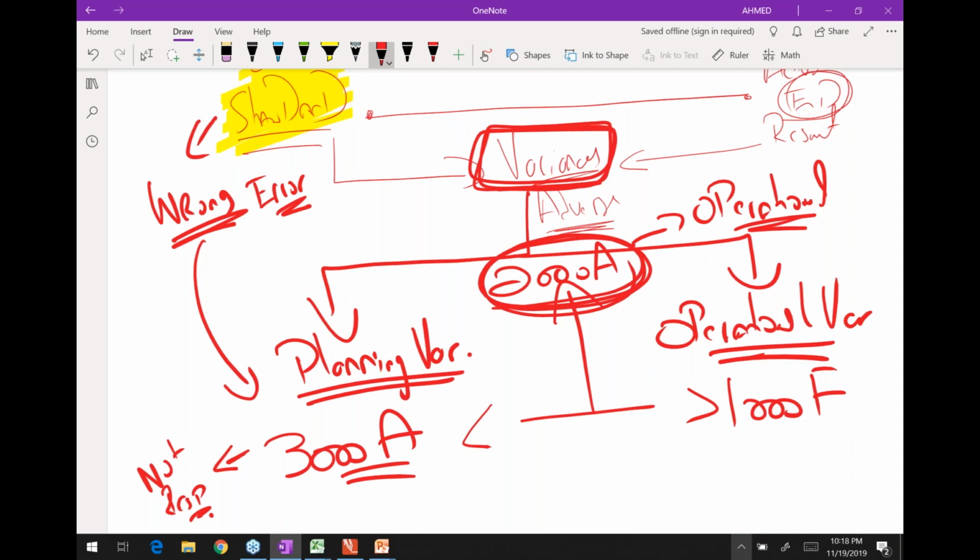They are only responsible for 1000 favorable, and this is their real performance. So this is the concept behind planning and operational, that we work out the operational variance and planning variance after the original variances have been worked out.